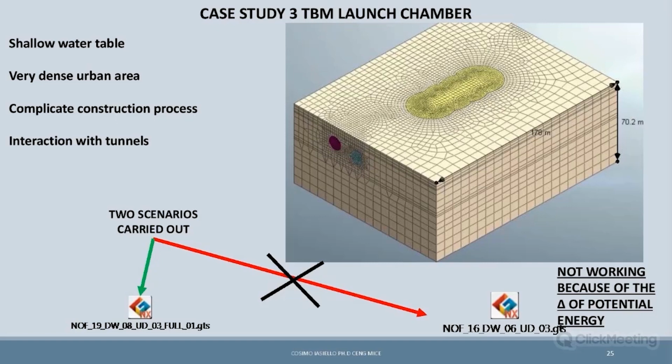So two scenarios were carried out. One scenario is the fully coupled, and the other one was coupled with the dewatering. I anticipated it's not working because of the difference of the potential energy we have in our excavation. We will go through it later.